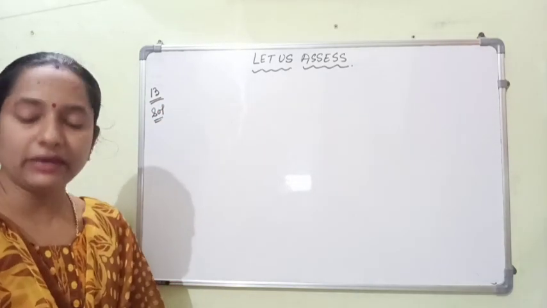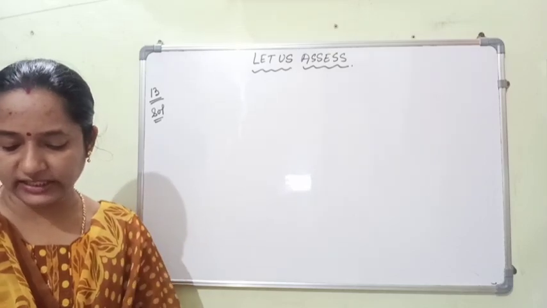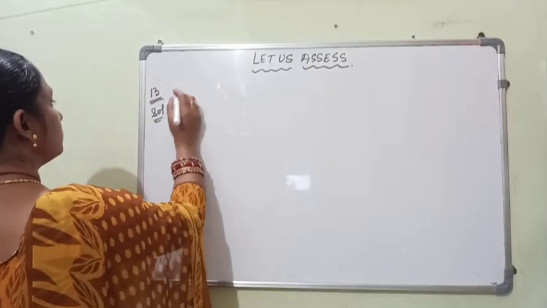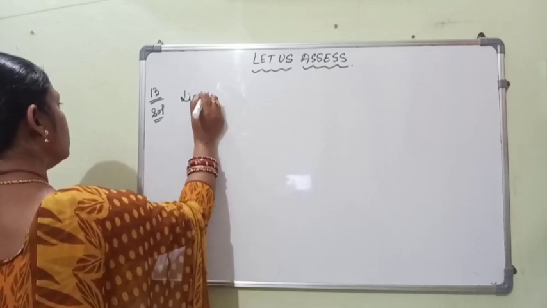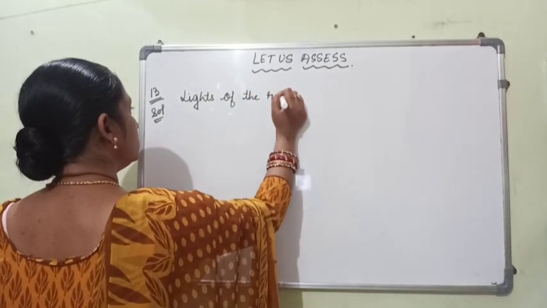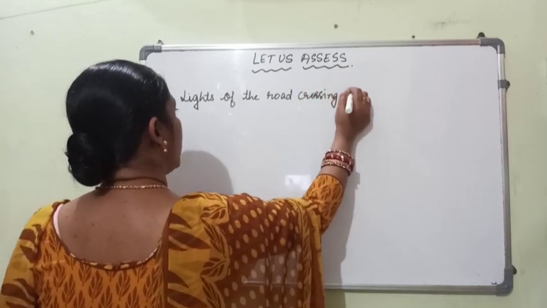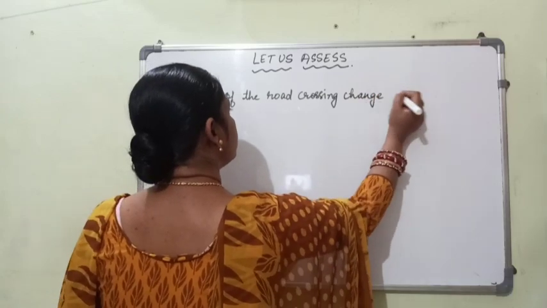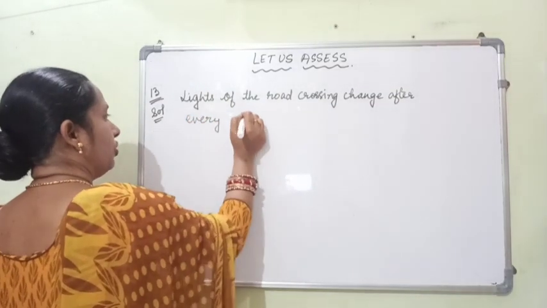So the timings are given to you that the lights at 3 different road crossings change after every what? 1 minute.